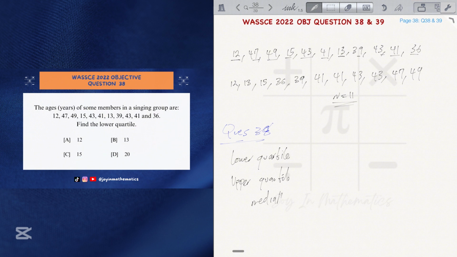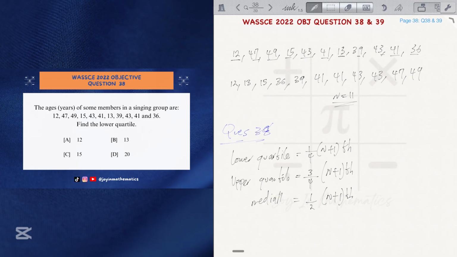So lower quartile is given as 1/4 of n plus 1 position, and upper quartile is given as 3/4 of n plus 1 position, and the median is 1/2 of n plus 1 position.